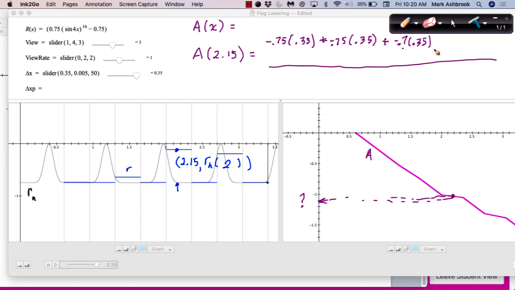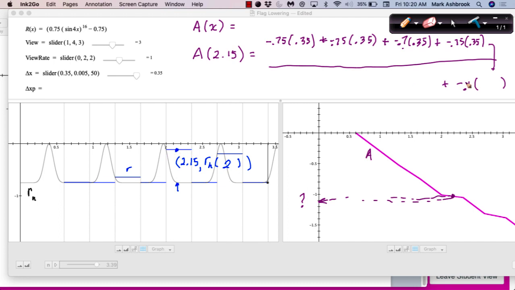And then plus what? Negative 0.75 times 0.35. And does that give me my estimate for 2.15? I got a little bit more, right? What's the little bit more that I have? Plus what? Negative 0.1 times 0.35, right? I only go partially through this interval. I don't go all the way. I don't have a full completed interval.